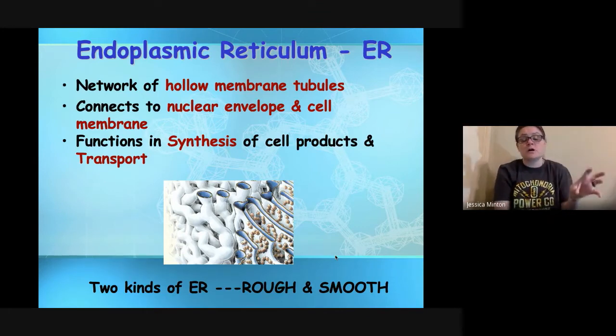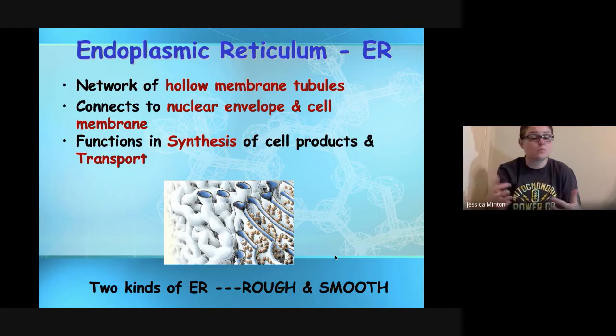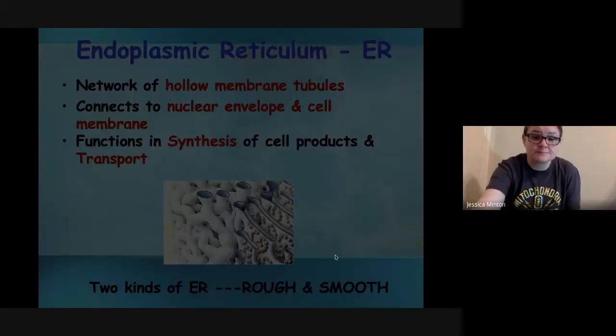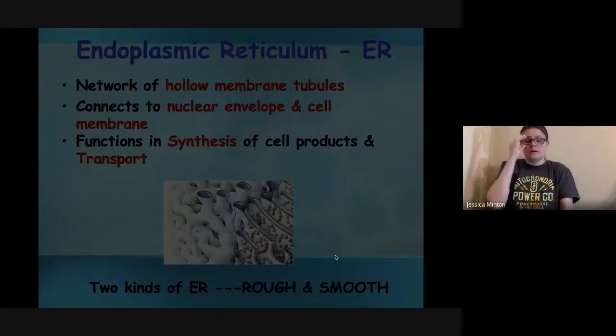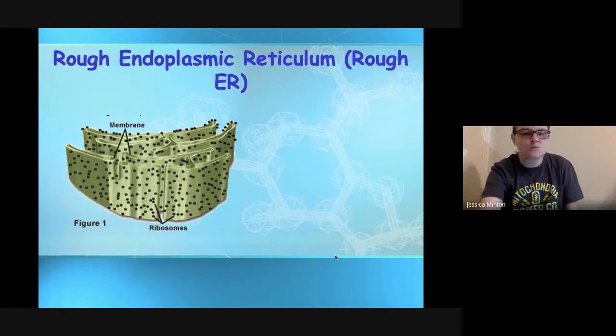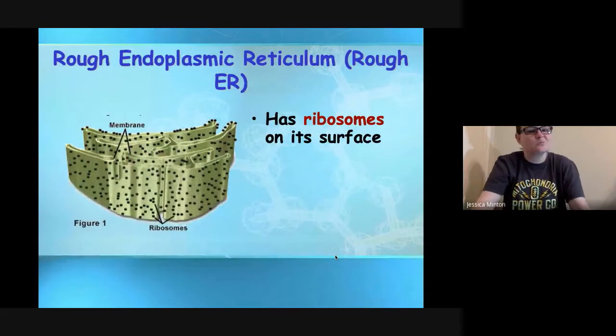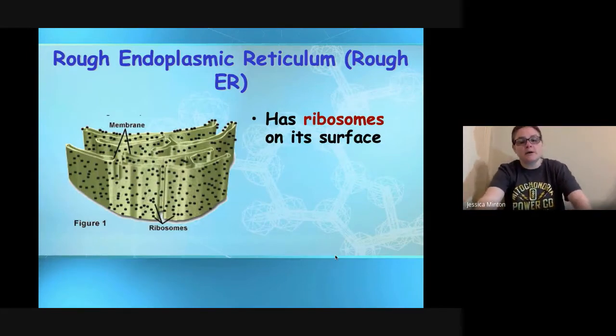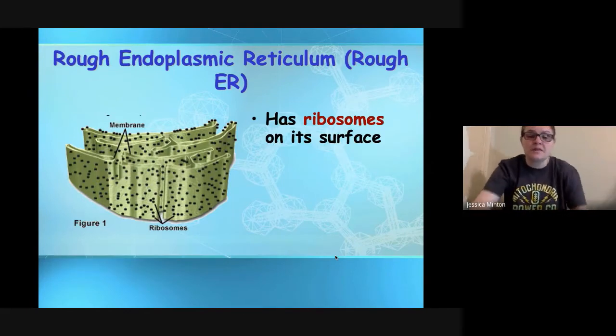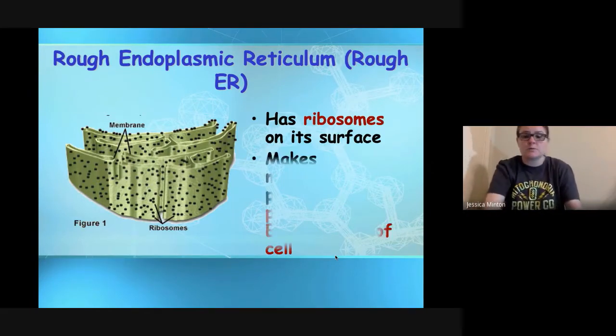Okay, there's a rough and a smooth. What's the difference? Your rough ER is called rough because it has ribosomes. So technically, I could call it ribosome endoplasmic reticulum if I need to remember what the R stands for. If I call it RER and think about rough and ribosomes, that's what makes it a little bit different.